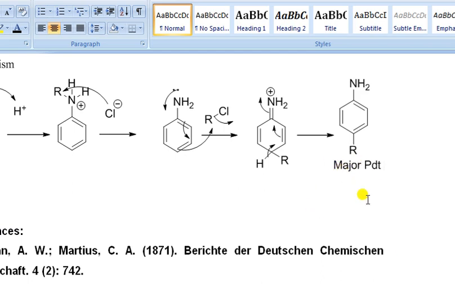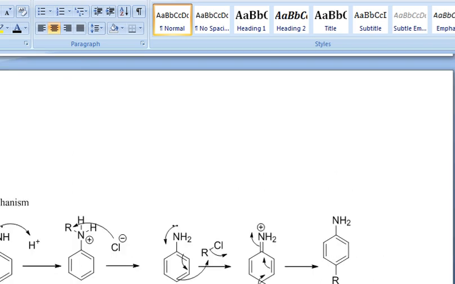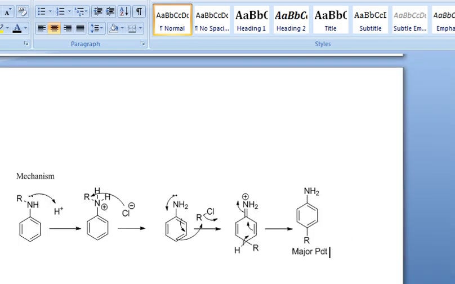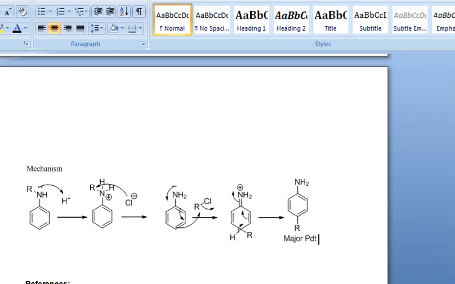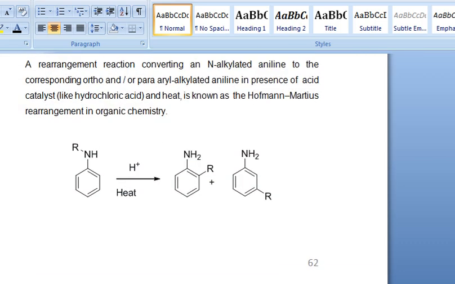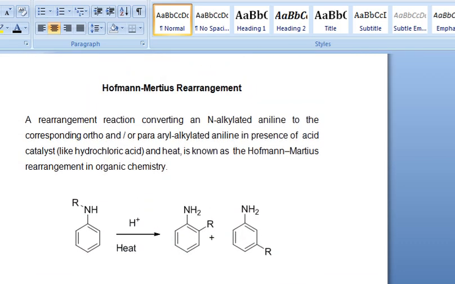So it pasted. You can see all same is not coming. So see, like this you can draw a scheme as well as the mechanism of the Hofmann-Martius rearrangement.